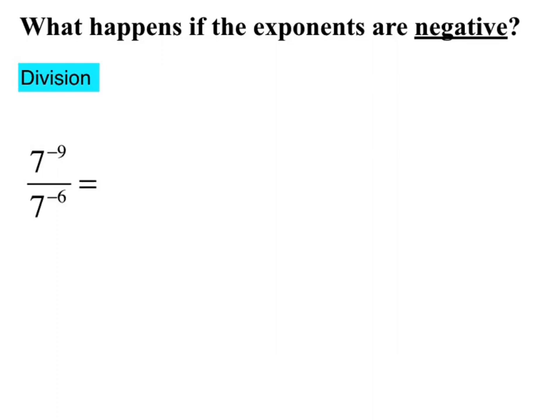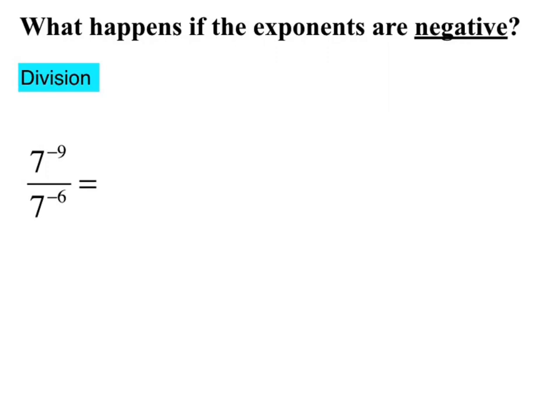What happens when we're dividing expressions with the same base and negative exponents? The answer is nothing. But the problem here for people who go too quickly with things like this is they make careless mistakes. The most common mistake is to say that this turns into 7 to the negative 15 power, which it's not negative 15.